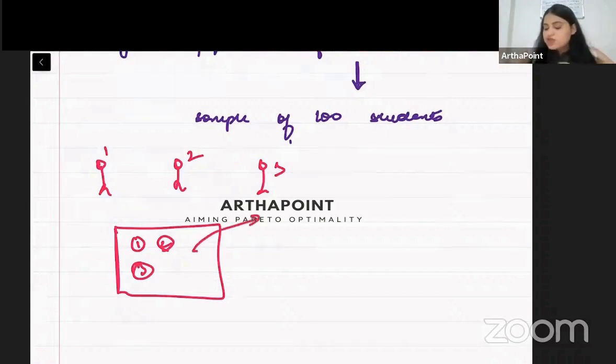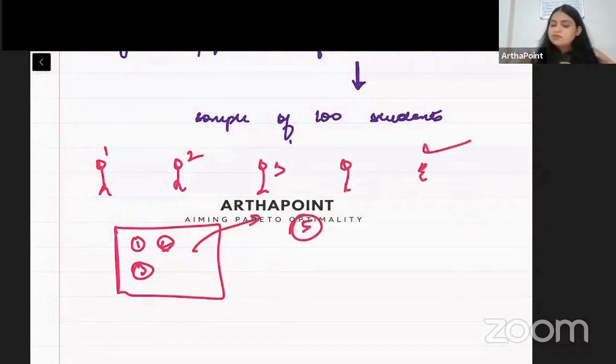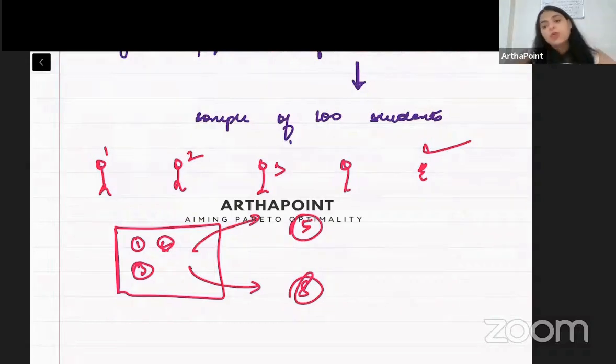Suppose the first chit that comes is number 5. Okay, select that person. The second chit that comes is number 8. Select that person. Whatever number comes in your chit, you will select that person. And you will do this 100 times so that 100 people are selected, right?